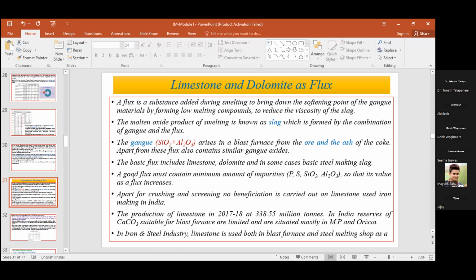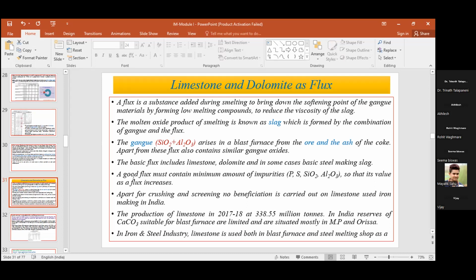Before we subject these fluxes to the iron making process, we hardly do any beneficiation, but we go for a comminution process, that is size reduction, and then we can subject these fluxes to the iron making process.